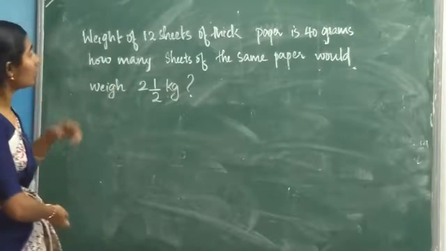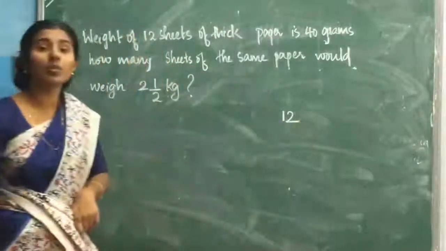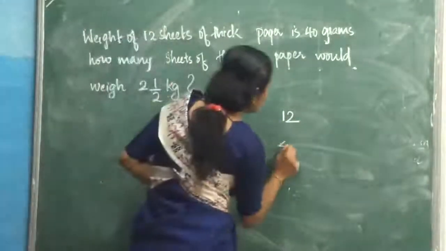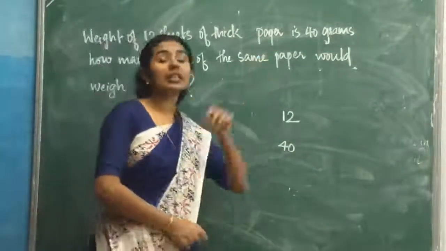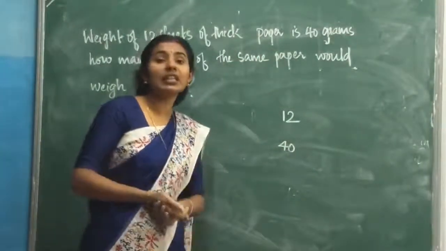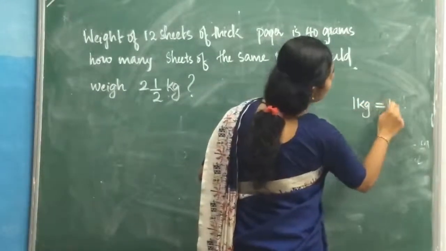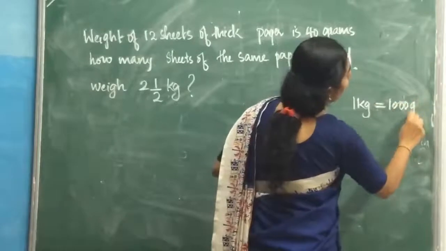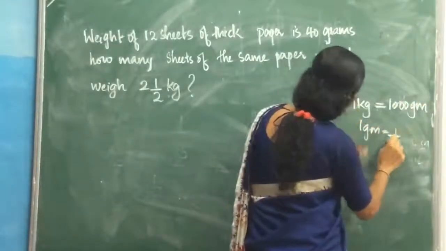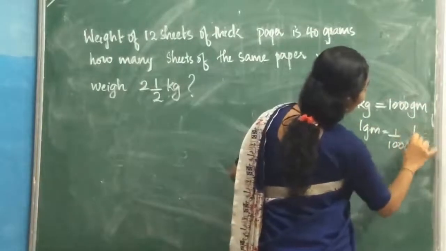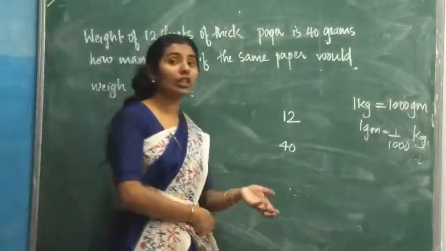Isn't it? See here. For 12 sheets of paper, the weight is 40 gram. Now we see it is given in gram. You want to convert that into kilogram. So see here, 1 kilogram is 1000 gram. That you know. So what is 1 gram? 1 gram is 1 by 1000 kilogram.